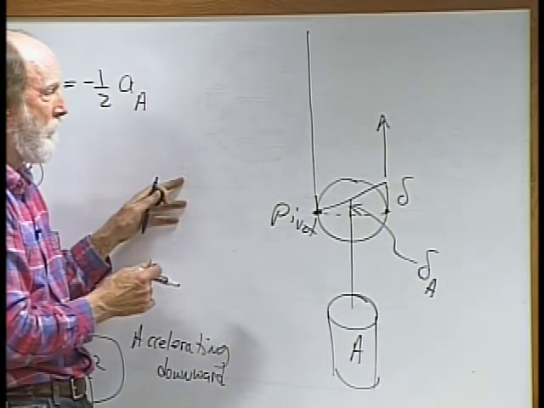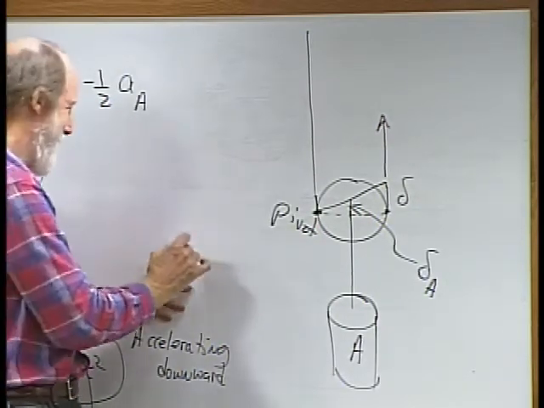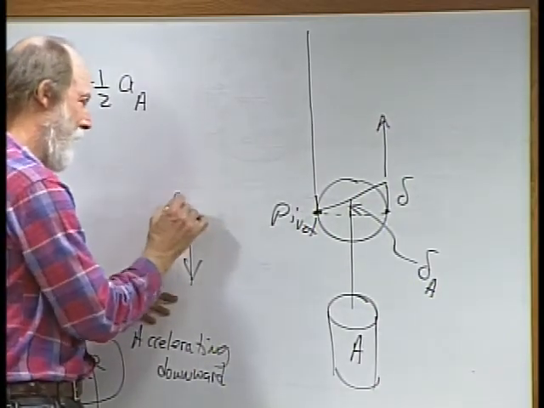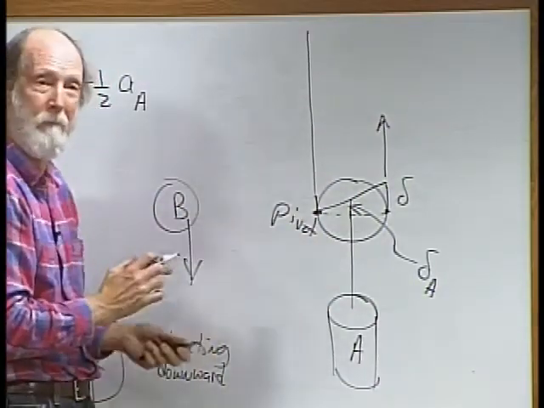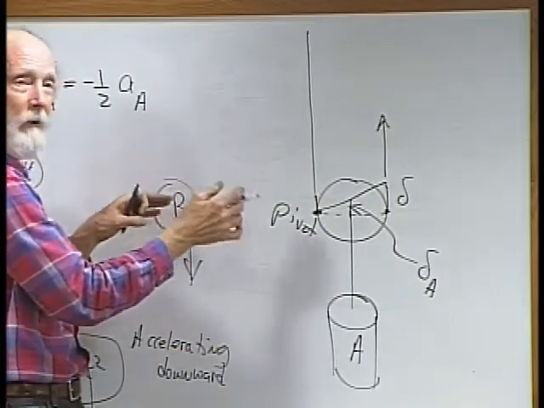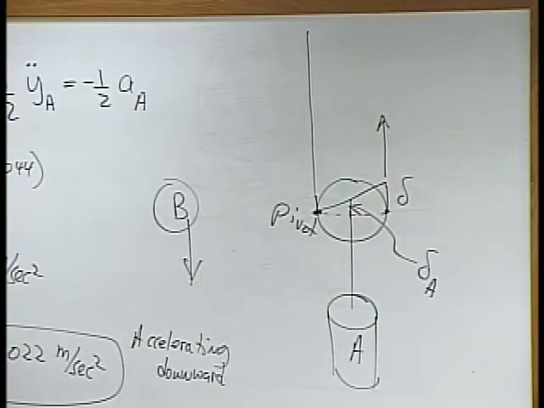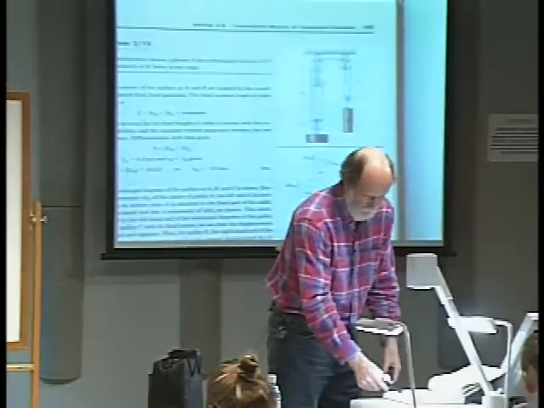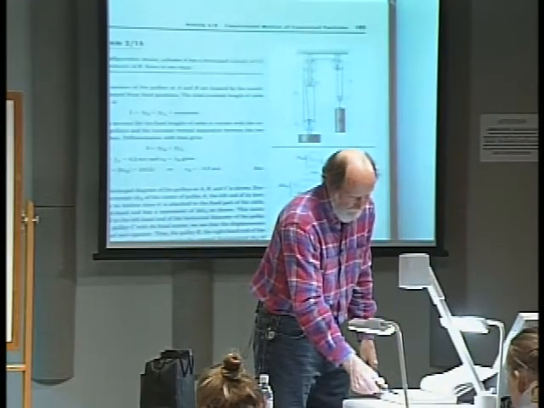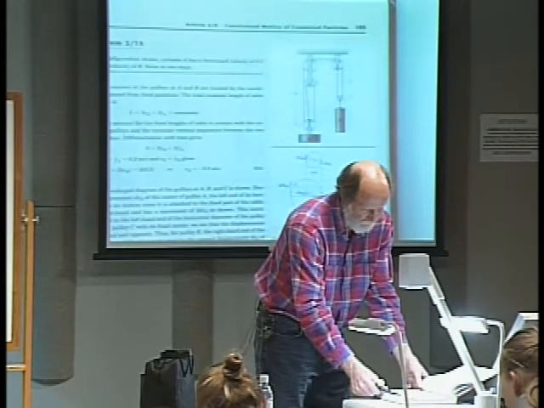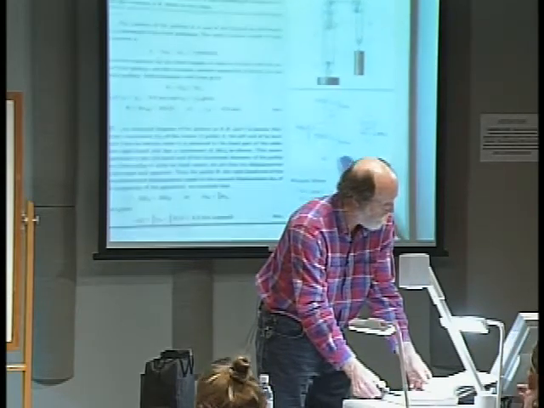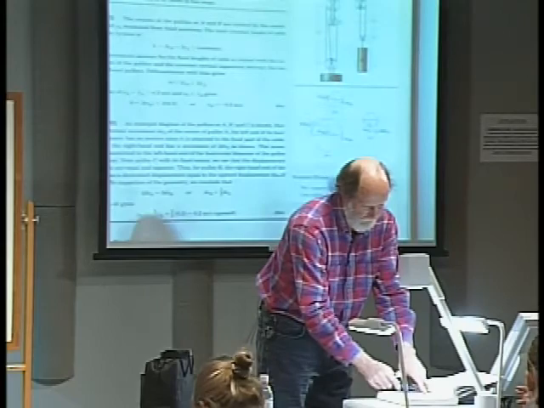I'm sorry, pulling down. Body B pulling down, body A going up. So you'd just write differential relationships, and the book does a nice job laying that out with the different pulleys here. And then they come up with a differential relationship down here in the book, if you can track that.